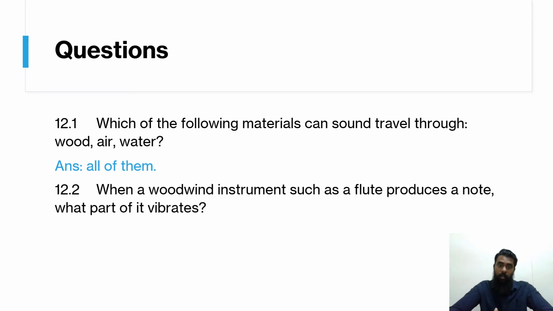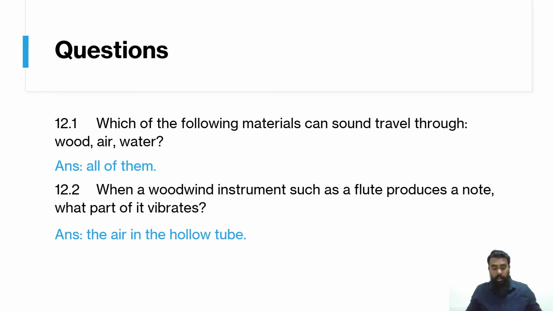Second question, when a woodwind instrument such as a flute produces a note, which part of it vibrates? We discussed flute in wind instruments. So, how does a flute produce sound? It makes the air column inside the flute vibrate.